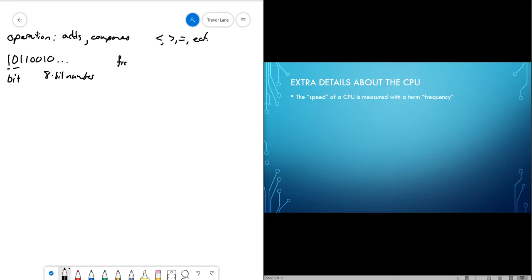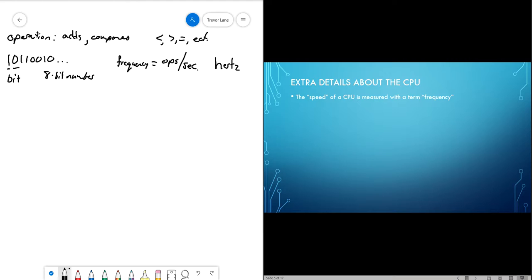Frequency, when we talk about a computer, is really how many operations, let's call it ops, can your computer do in a single second? And the unit we use is hertz. Okay? So how many operations per second? One operation per second would be 1 hertz. Great. So what does that actually mean?